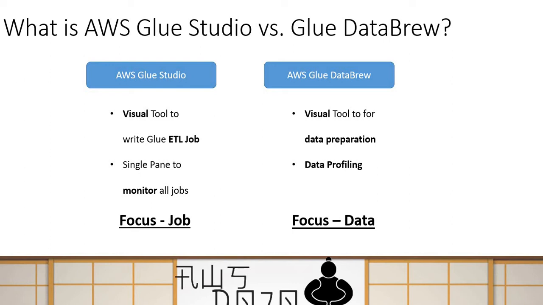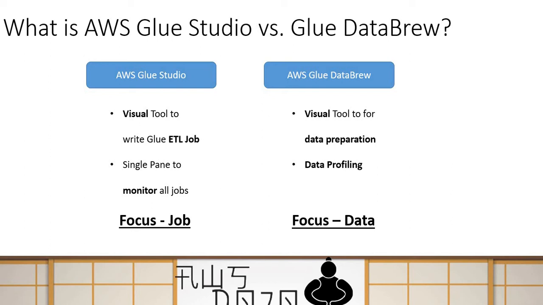So for instance, if your purpose is to write a typical ETL job, which extracts the data, transforms, and then loads the data, then it's more or less a Glue Studio job, because you're typically writing an ETL job here.